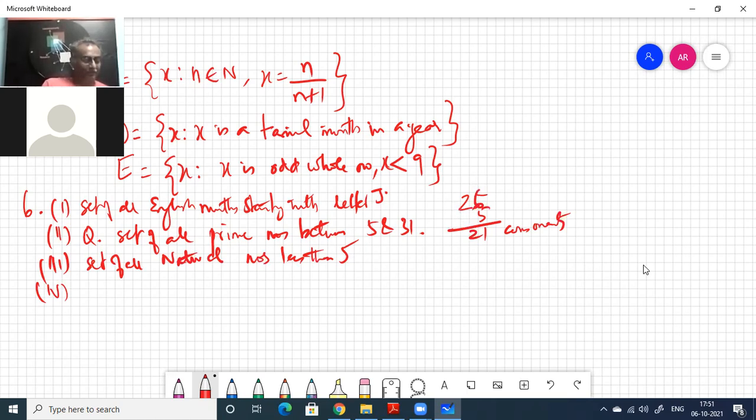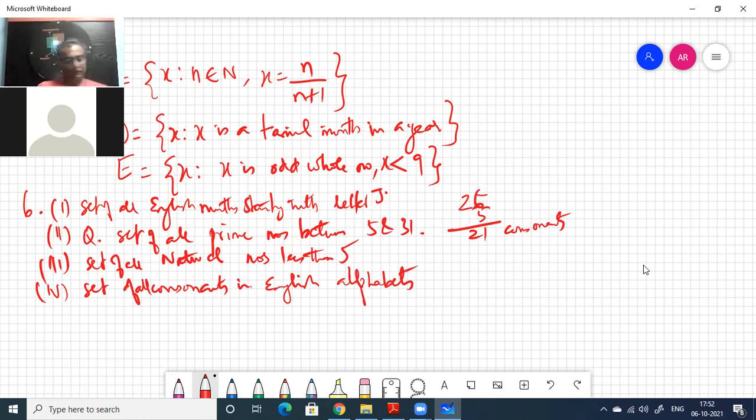Now what do you do? The set of English consonants. Set of consonants in English alphabets, or set of all consonants in English alphabets. Okay, very simple.